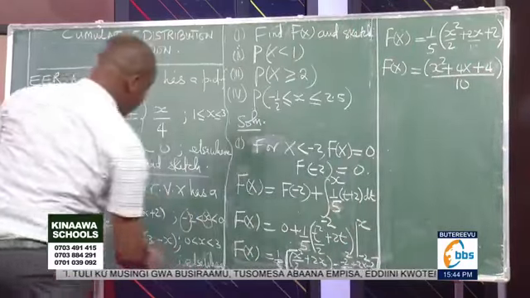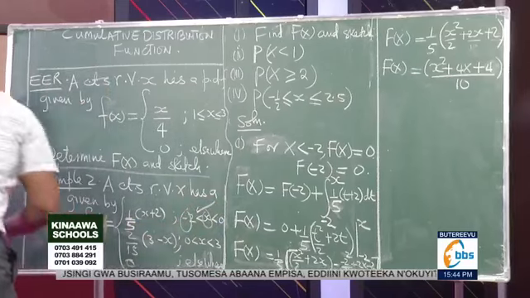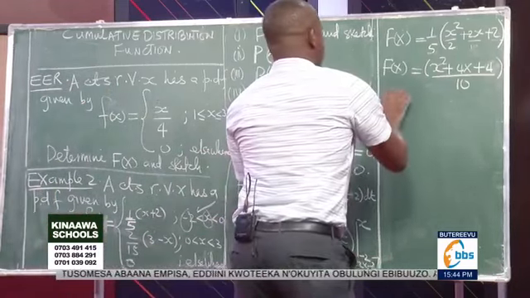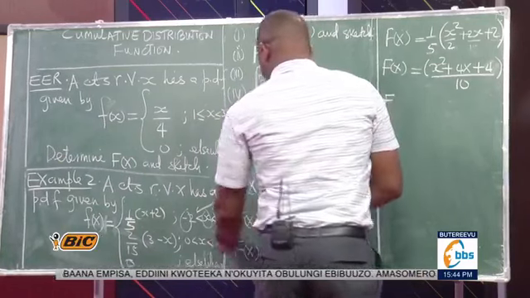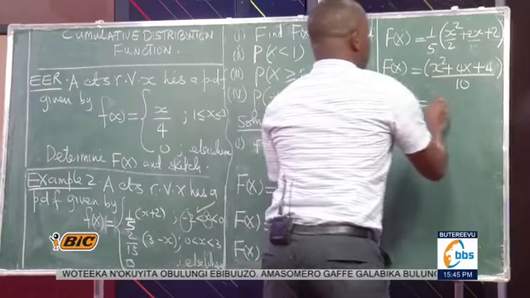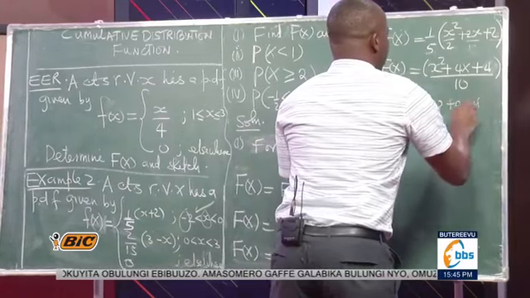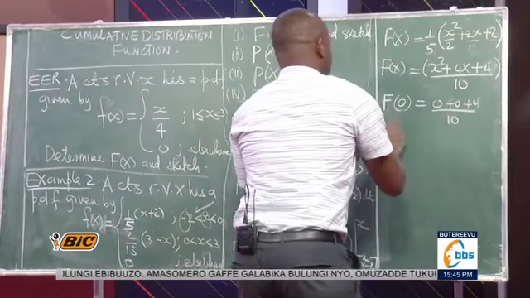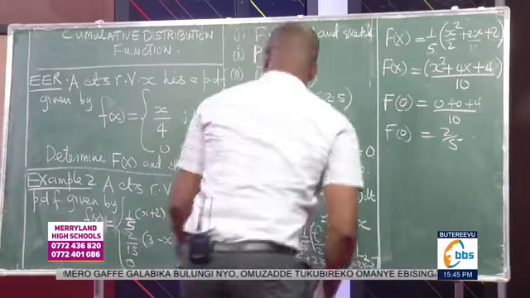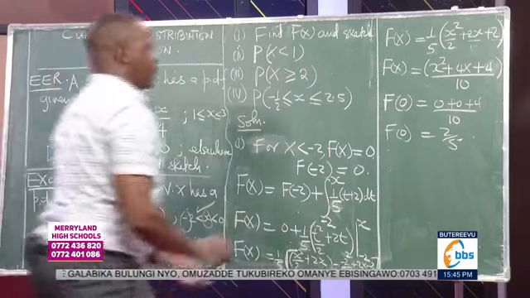But that is only dealing with the first part. So if we look at the next part, here we put in our f of the upper limit of 0. If you put it in here, it will be 0 plus 4 out of 10. And our f of 0 here will give us 2 out of 5. So we apply the same here.